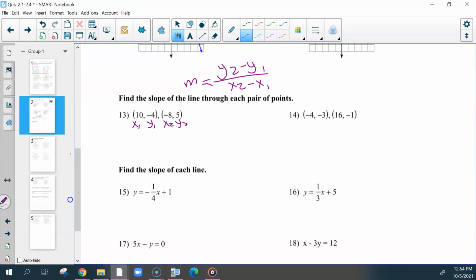So make sure you don't do that. In this formula, this would be 5 minus -4 over -8 minus 10. This would become a plus, so positive 9. This would become just negative 18 and simplify.